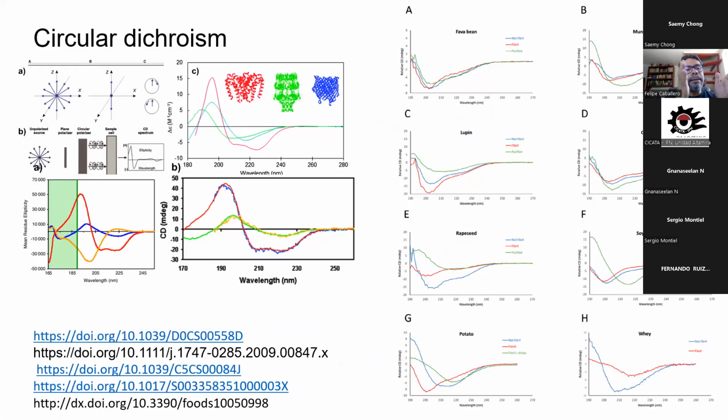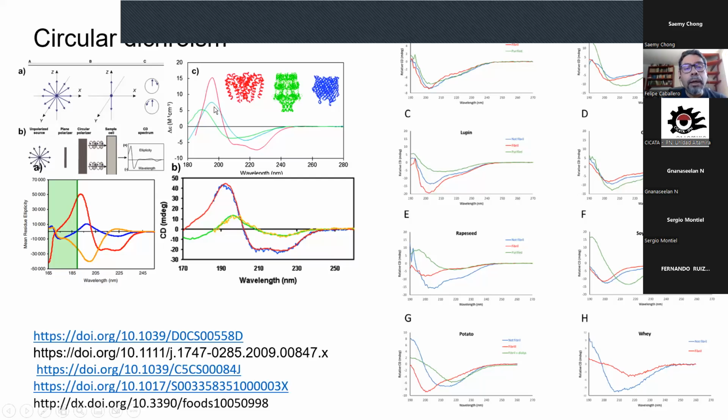So when you put a circular polarizer between the incident beam and the sample, you change the polarization state, and you observe differences in the spectra when you have different structures. For example, in these cases, this is the ultraviolet range of electromagnetic light.